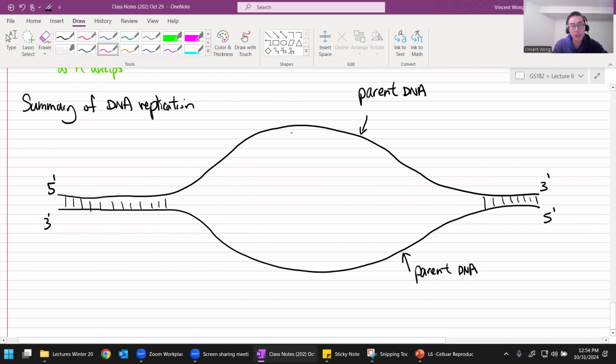In order to start copying the DNA, you need to put a primer. That's what this pink thing is, and it's made of RNA. Now, take a look here. If this is 3, then this must be 5, and then this must be 3, right? So that's the 5 to 3 direction, which means polymerase 3 is going to build like this.